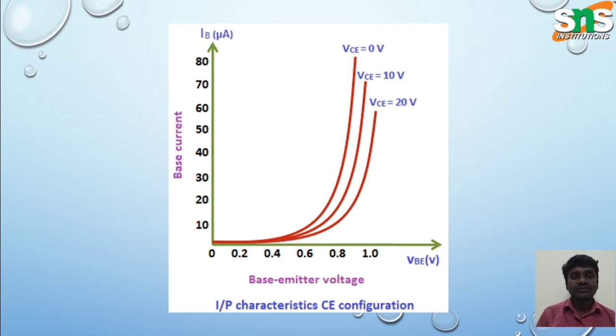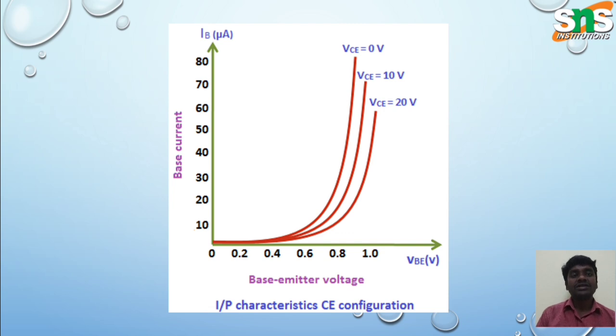From 0, the VBE voltage gradually increases, and after reaching 0.7 volt, the cutoff voltage of the silicon semiconducting diode material, the base current suddenly increases to a high value for constant VCE equal to 0 volt.